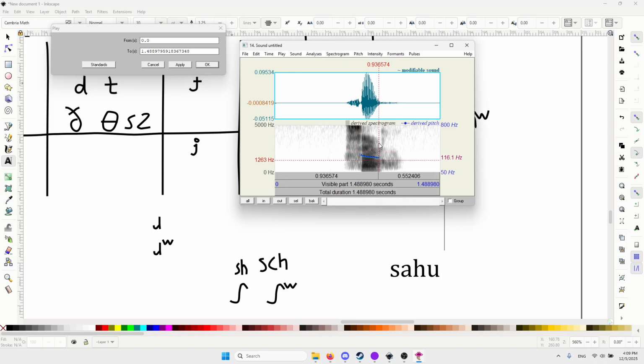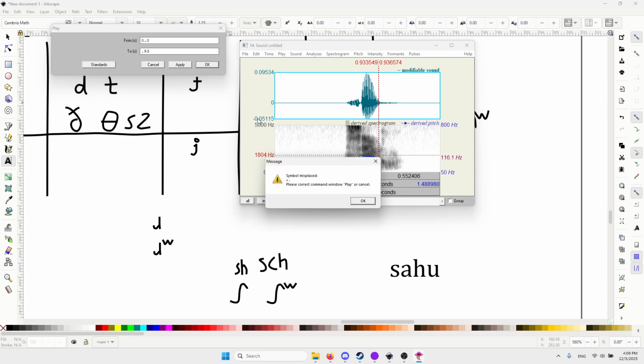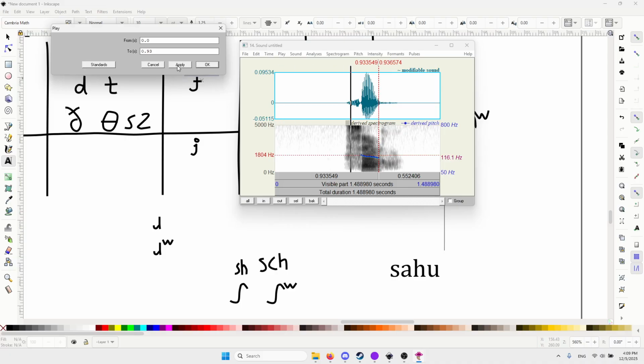So let's do 0.93. See what we hear. Sa, sa. So here we just hear sa. So sa ends here. Do we see two different distinct consonants?